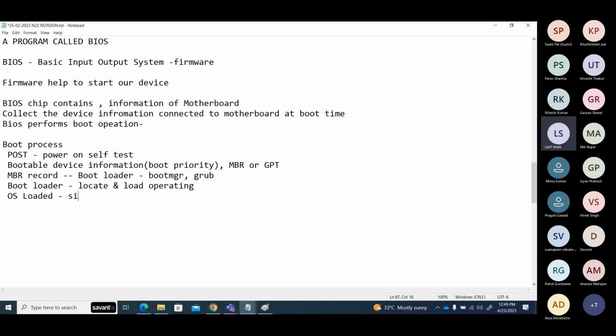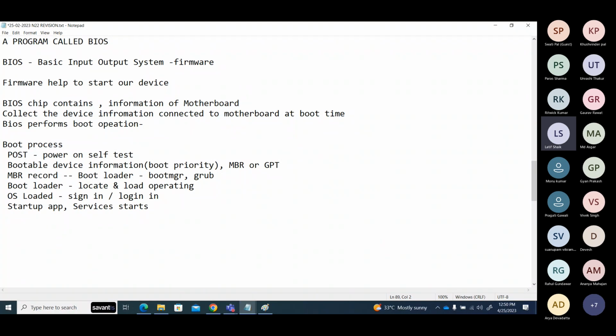Now the OS is loaded. What is the next step? Sign in, log in to the system. Then startup applications and services start, and your environment is loaded.